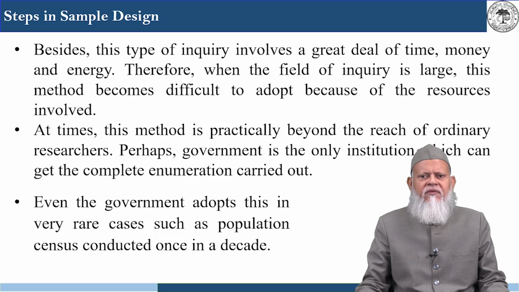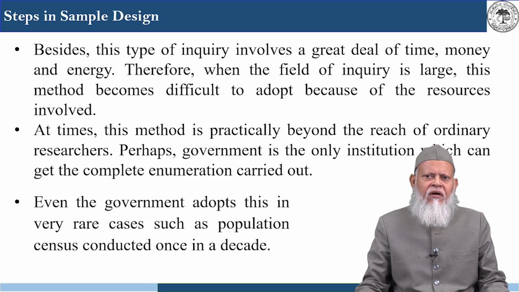Otherwise, for such a large population, it is very difficult. So, if the population is infinite, then some sample has to be taken, and if it is finite and large, then also sampling has to be done. And if the population is small, then we can of course make a census survey.